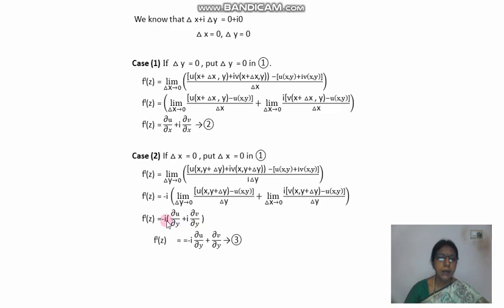You see, minus i is common here, then LHS is f dash z as usual, minus i into dou u by dou y, first term no doubt, second term minus i into plus i, minus i square. We know that i square is equal to minus 1.